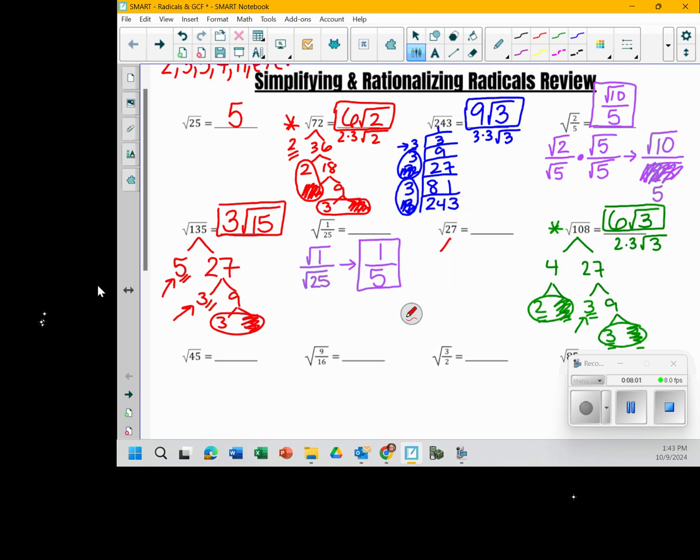Square root of 27, 3 times 9, which is 3 times 3. Make my pair. I have 3 coming out, and then this guy left inside.